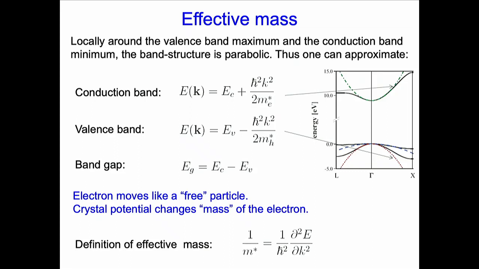Remember, when we calculate the band structure, valence band maximum, conduction band minimum, usually around the maximum and minimum, we can approximate the band structure by a parabolic dispersion. It's very good close to the maximum, but not very good far away. Anyway, usually when we do semiconductor physics, we are in a region close to the extrema. So we can just do a parabolic approximation, Taylor expansion to second order. The first order is 0 because we are in the extremum. And from that expansion, you get the expression for the effective electron and the effective hole mass.